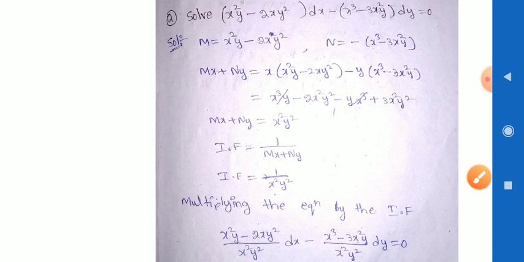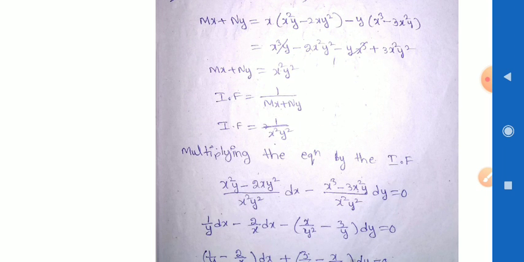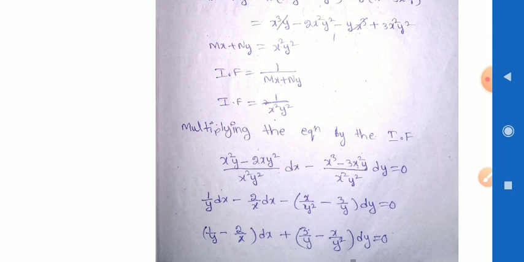The integrating factor is 1 by Mx plus Ny, so the integrating factor is equal to 1 by x square y square. By multiplying the integrating factor with the above equation, we get (x square y minus 2xy square) by x square y square dx minus (x cube minus 3x square y) by x square y square dy is equal to 0.